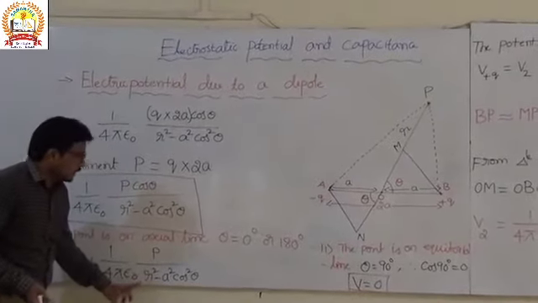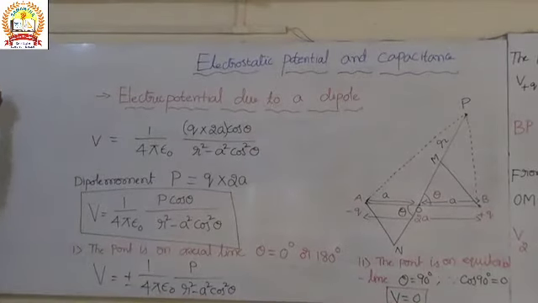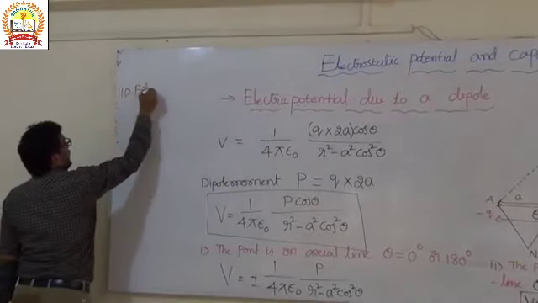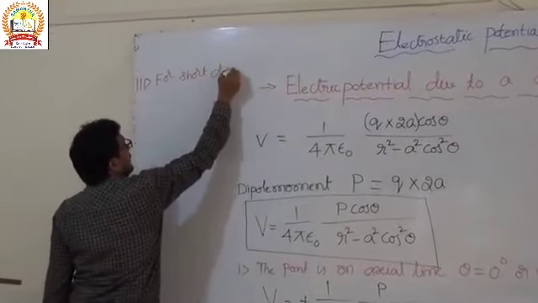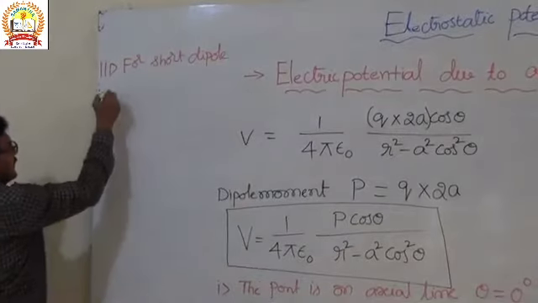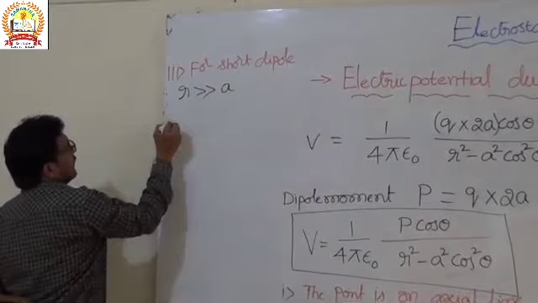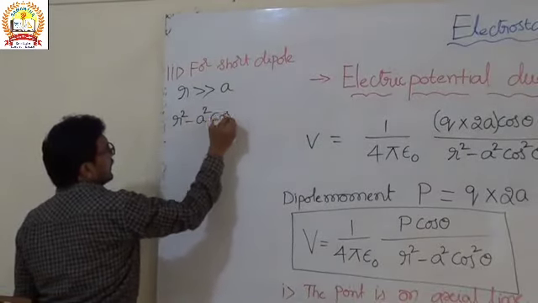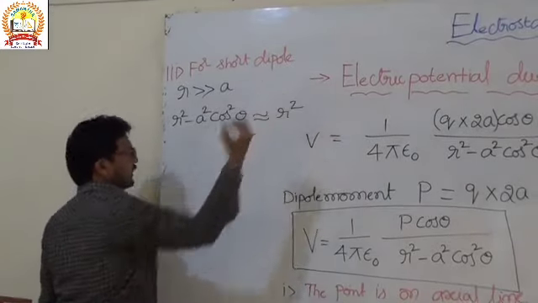And one more is for the short dipole. If the dipole is a short dipole, the third one is for short dipole. Where R, the distance, is far greater than A, then R square minus A square cos square theta is approximately equal to R square.